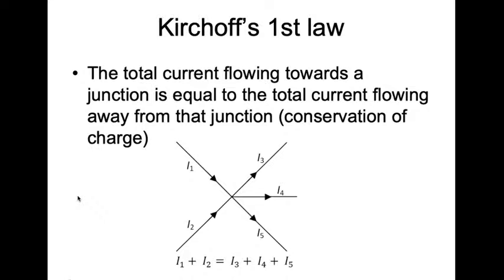All right, those intersections are important because we use them in what is known as Kirchhoff's first law. You'll spend lots of time working on questions around Kirchhoff and his laws.